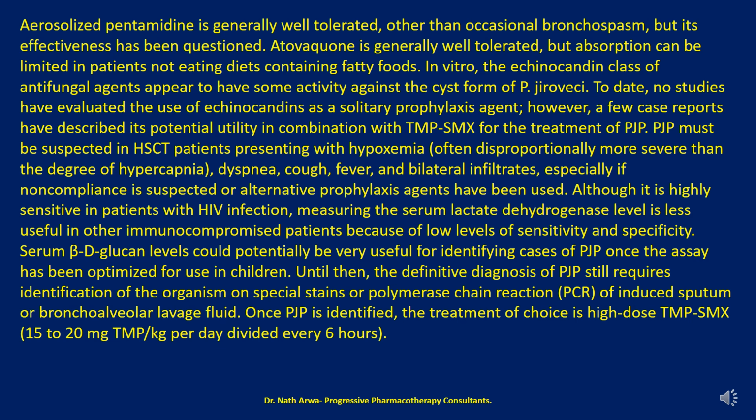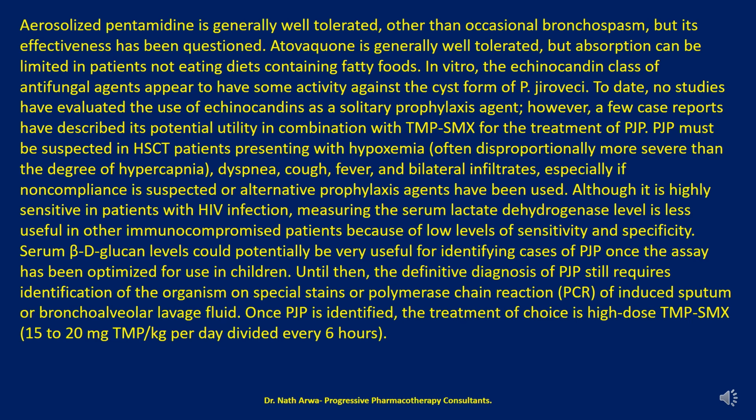Serum beta-D-glucan levels could potentially be very useful for identifying cases of Pneumocystis jirovecii pneumonia once the assay has been optimized for use in children. Until then, the definitive diagnosis of Pneumocystis jirovecii pneumonia still requires identification of the organism on special stains or polymerase chain reaction, abbreviated as PCR, of induced sputum or bronchoalveolar lavage fluid.